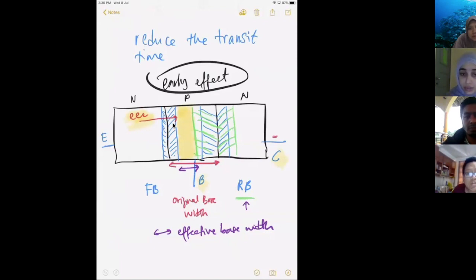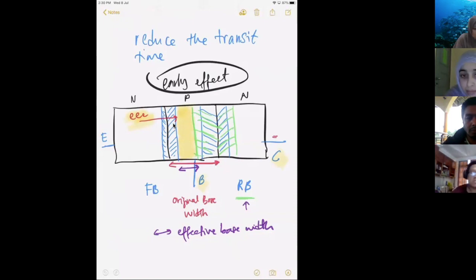Okay, as you can see on the screen, if we reverse bias the base to collector junction, the junction width will increase and the junction will penetrate more into the base. Can you see? The depletion region will occupy more of the base, and thus it will reduce the effective base width.